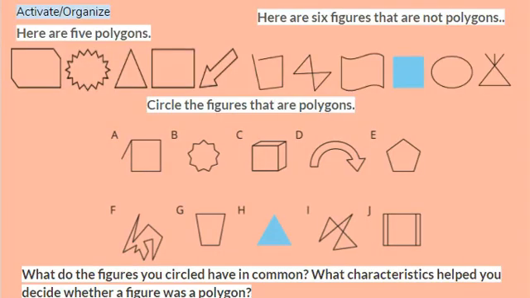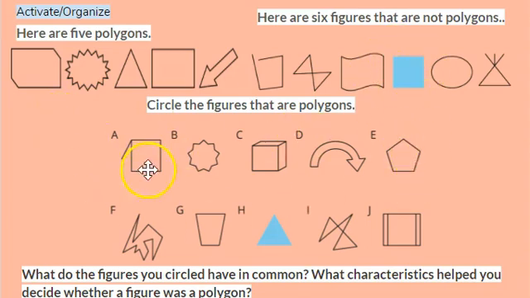So what are polygons? Well, over here on the left, we have some polygons. And over on the right, these 6 are not polygons. So if you look at all of these, A through J, which ones would you say would go in the polygon category and which ones would not be polygons?